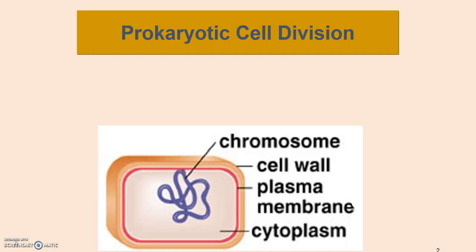When we talk about a prokaryotic cell, if you remember what I said, pro means before. Karyon means nucleus. So these are very primitive forms, bacterial forms, that do not have a nuclear membrane. Very simple.